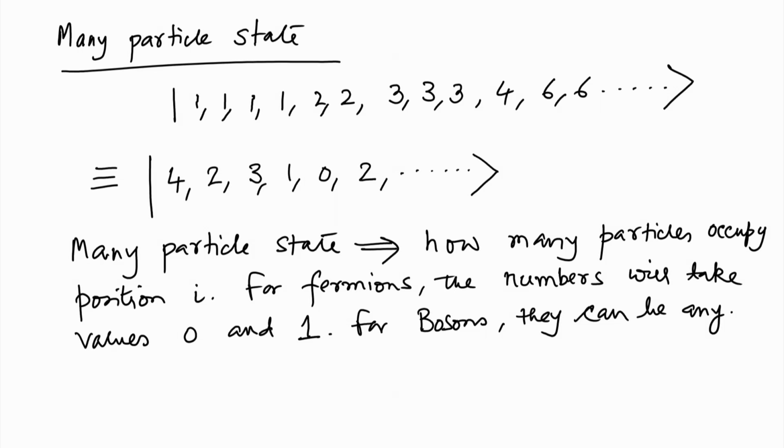Because bosons do not have any exclusion principle embedded there, as many particles as there are can occupy the same energy level, unless constrained by any other principle or symmetry argument. Now, writing it in the occupation basis or the particle number basis is called the Fock basis, and we will call this an occupation representation.